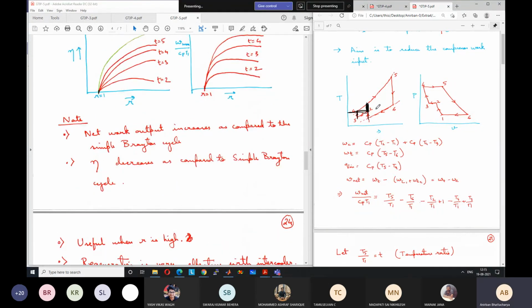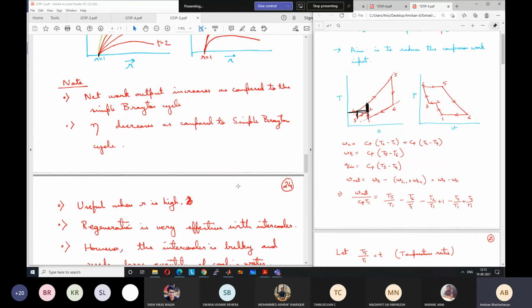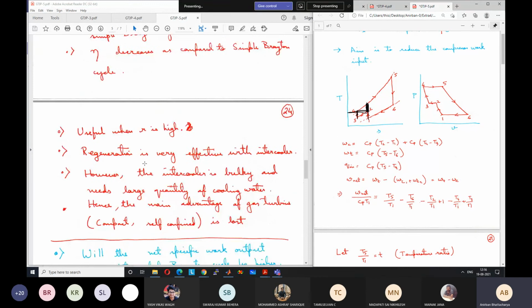Not from the diagrams. From here, we can understand when the value of R is high, compressor work input is high. So small R values, compressor work input is small. If you have large R, means there is lot of compression that is occurring. So it means that compressor work input will be high. And then if you can use intercooler, it will be more effective. Okay. Regeneration is very effective with intercooler.